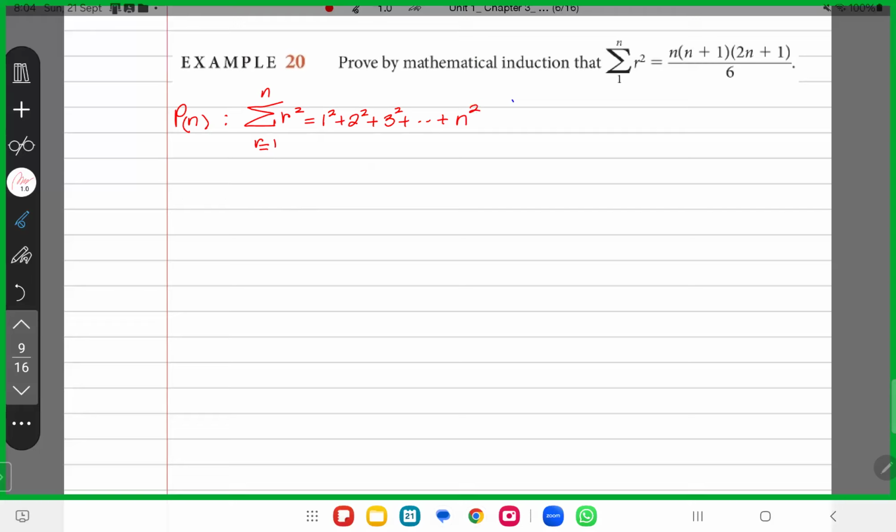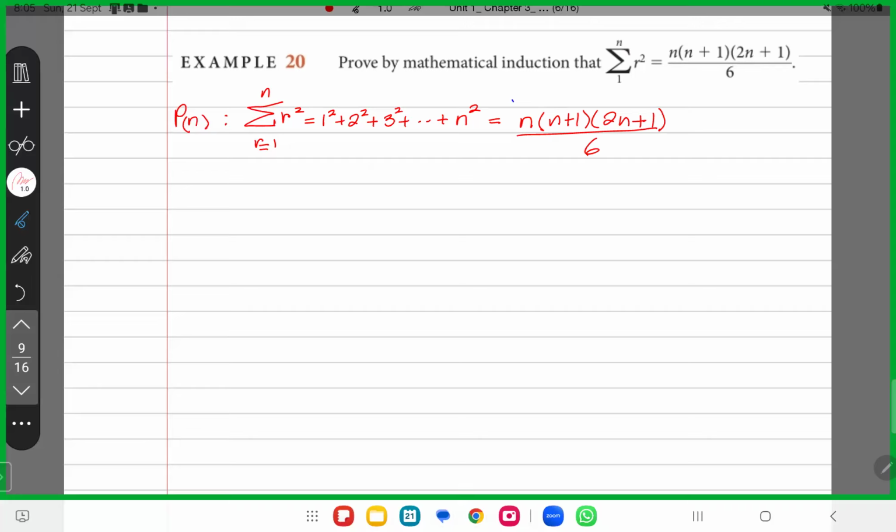The sigma representation, when you expand that, it's what? 1 squared plus 2 squared plus 3 squared plus 4 squared plus 5 squared, all the way down to what? N squared, whatever n is. And this, according to the statement, is equal to n into n plus 1 multiplied by 2n plus 1, all over 6.